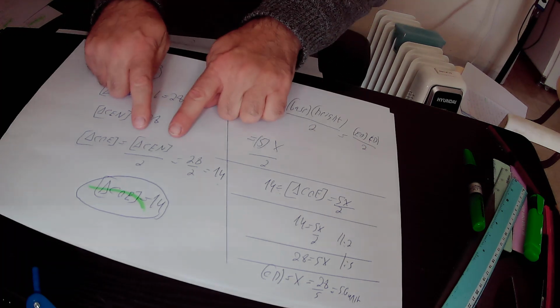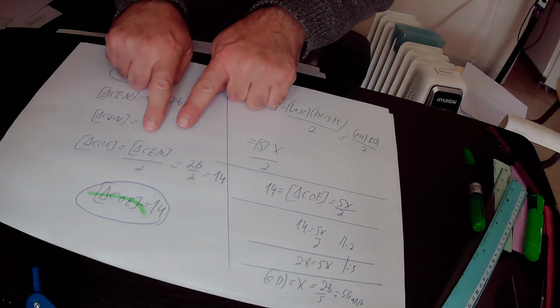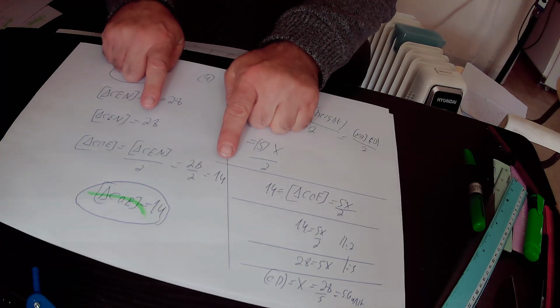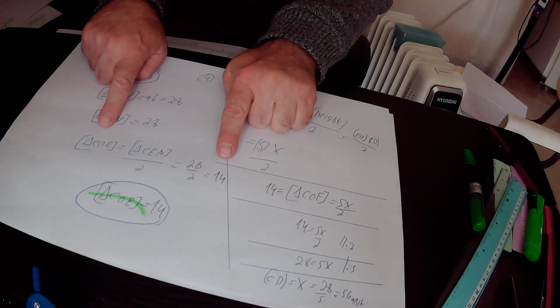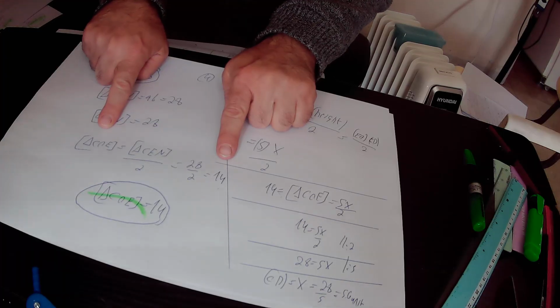The area of the big triangle is 28, so it is 28 over 2. 28 over 2 is 14. Those two sides of the equation are equal to each other. So in total we found that the area of the green triangle COE equals 14 squares in size.